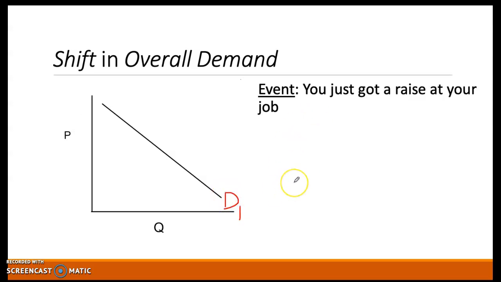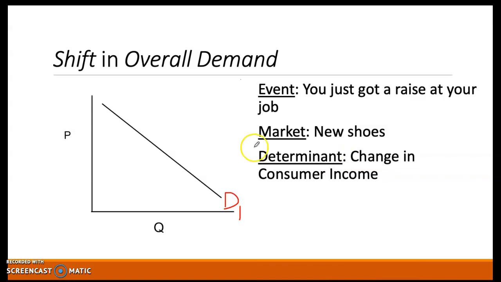So if you got a raise at your job and you are looking at buying some new shoes, the determinant that is going to cause this change is a change in your income because you got a raise at your job. So if we're seeing an increase in demand because you have more money, again, we're going to draw an arrow to the right, and then we're going to draw a new demand curve to signify that shift in demand. And again, you're always going to label it as D2.